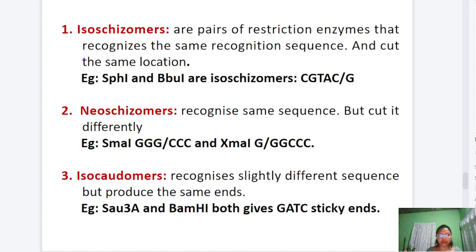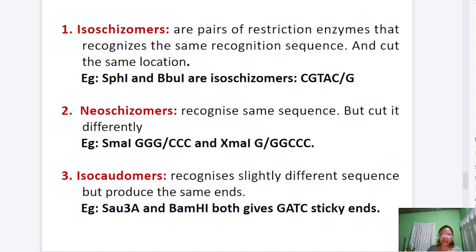cutting from the terminal. Now, we also have restriction enzymes that we sometimes give different names. So we have here, number 1, isoschizomers. What are isoschizomers? They are pairs of restriction enzymes that recognize the same recognition sequence. At the beginning of the slide, I told you that every restriction enzyme has its own recognition site.